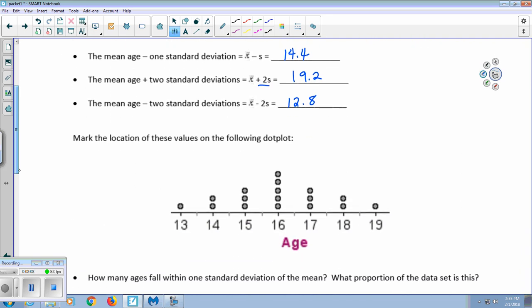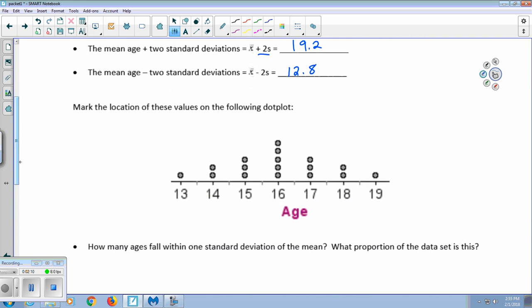And now we're going to mark the locations of one standard deviation greater than the mean and one standard deviation less than. So 17.6 is here, and 14.4 is here. So this area is one standard deviation below and one standard deviation above the mean.